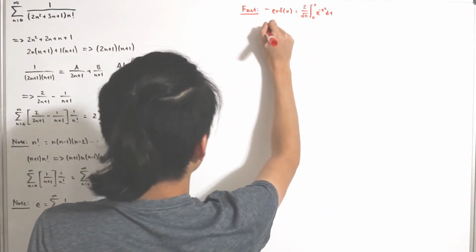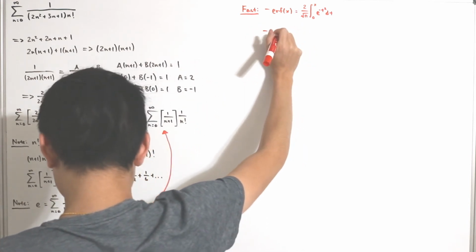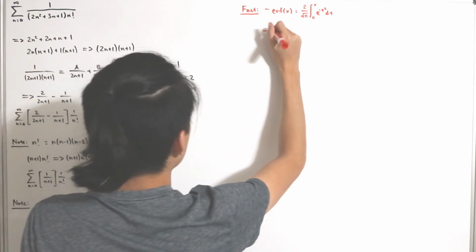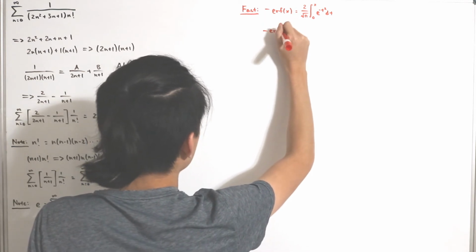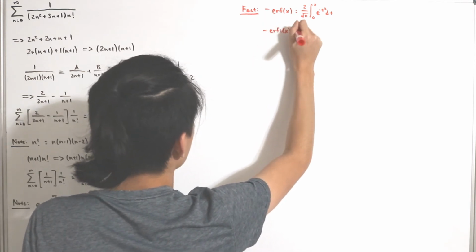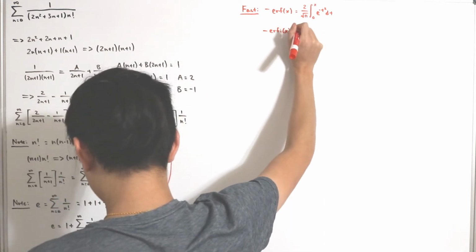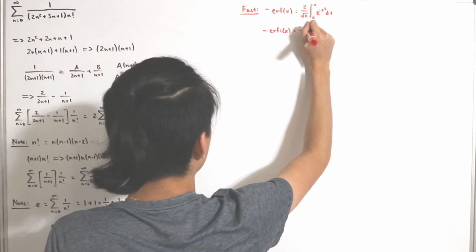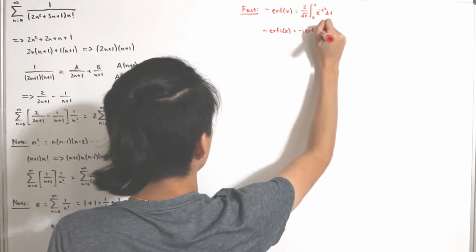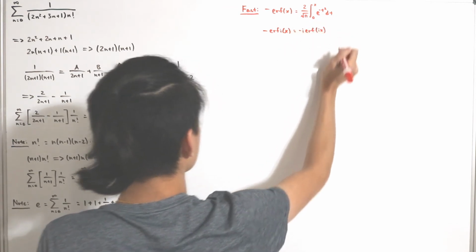Okay. Then the next fact I want to use is that the imaginary error function, erfi of x, is just equal to negative i multiplied by the error function of i times x.